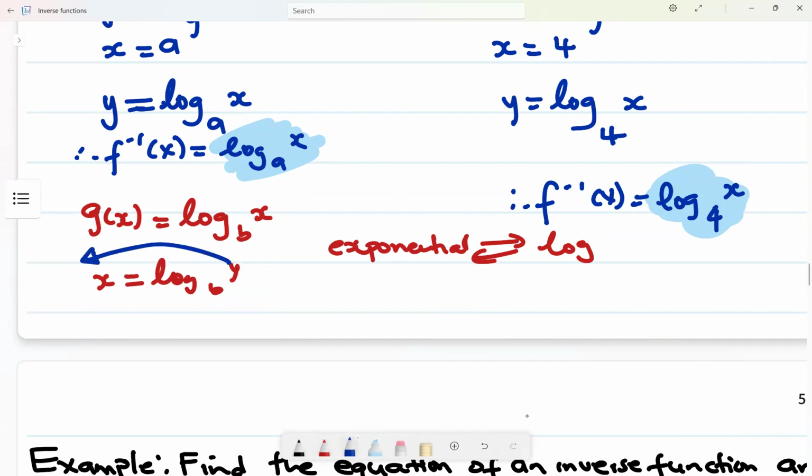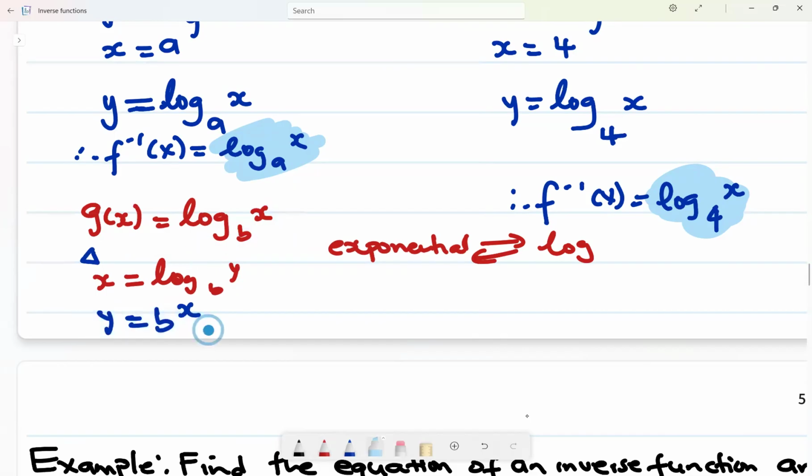At first, you introduced log, right? Now, if you want to reverse this part, you have to remove the log. When I remove the log, it will be just b remaining. Therefore, I take this one and swap the position. It will become b to the power of x. Can you see now?